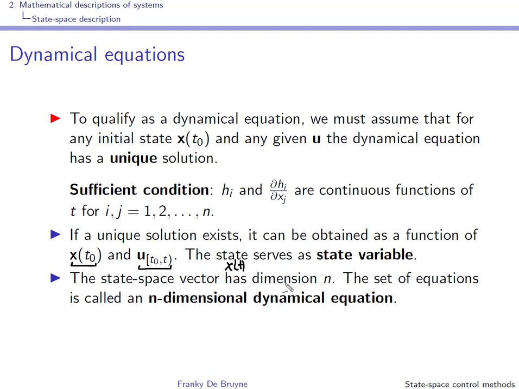The state variable has dimension n, so the state variable lives in Rn, and the set of equations is called an n-dimensional dynamical equation. We speak of an n-dimensional state space description of the system.